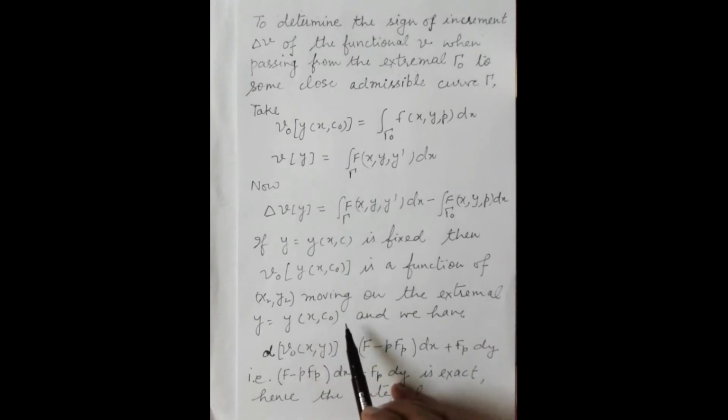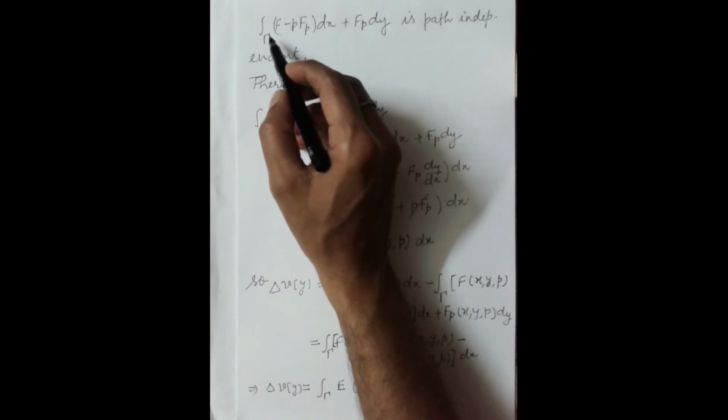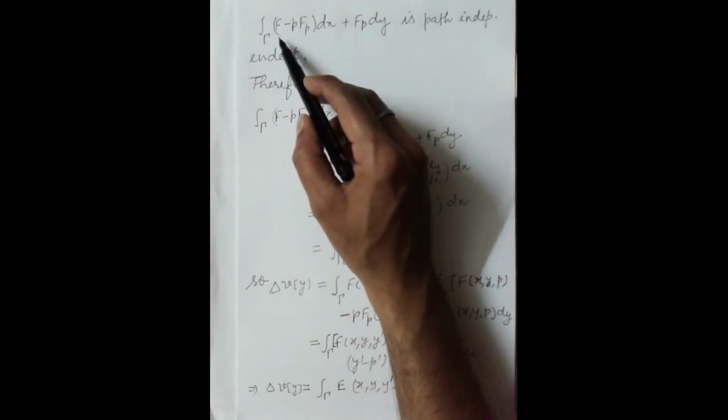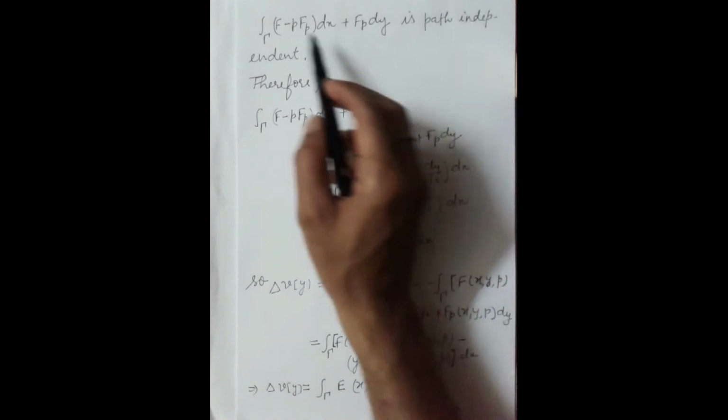If y equal to y(x, c) is fixed, then V0 is a function of (x2, y2) moving on the extremal y equal to y(x, c0), and hence we have dV0(x, y) is equal to (F minus pFp) dx plus Fp dy. That is, (F minus pFp) dx plus Fp dy is exact. Hence, the integral along gamma of (F minus pFp) dx plus Fp dy is path independent.